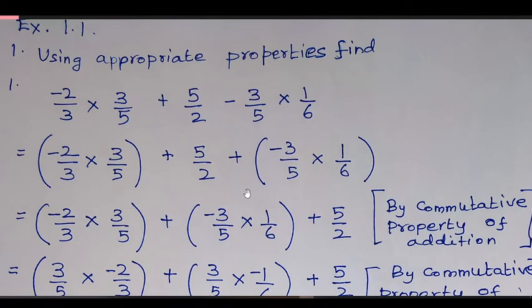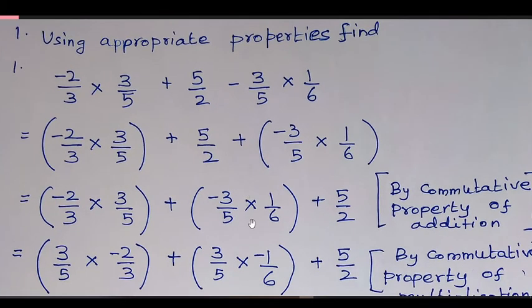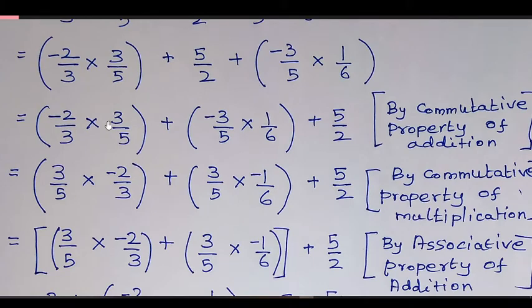Now what I am going to do is, this 5 by 2 plus minus 3 by 5 into 1 by 6, right? This 3 by 5, you see it is here in the first term as well as in the third term.